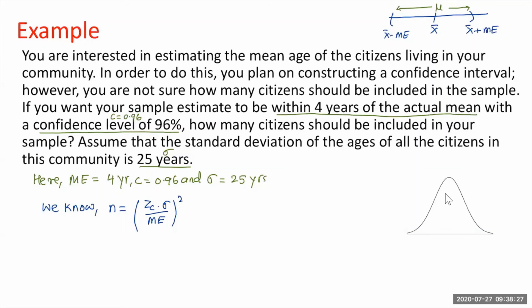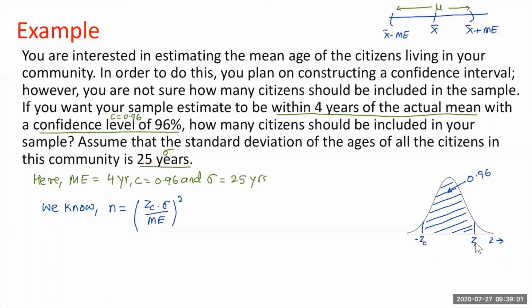In this case, we have the 96% confidence interval. So the middle area is 96%. You can draw the standard normal distribution. That area in the middle is 96%, 0.96. Now what we need is z sub c, that is the value here. The value on the other side will be negative z sub c.